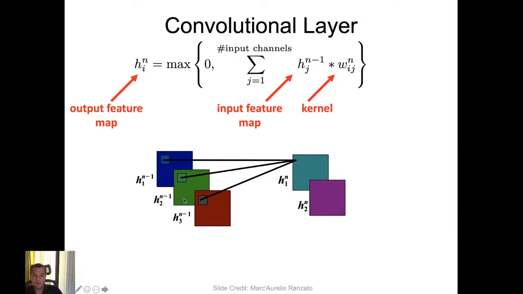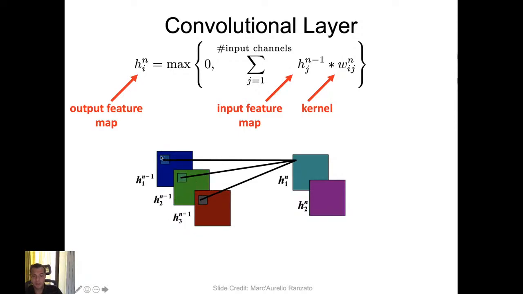Imagine that these input feature maps are actually filter responses from a previous layer. Now when we apply a filter, the filter has a spatial support, but the depth of the filter is always the same as the number of input feature maps.